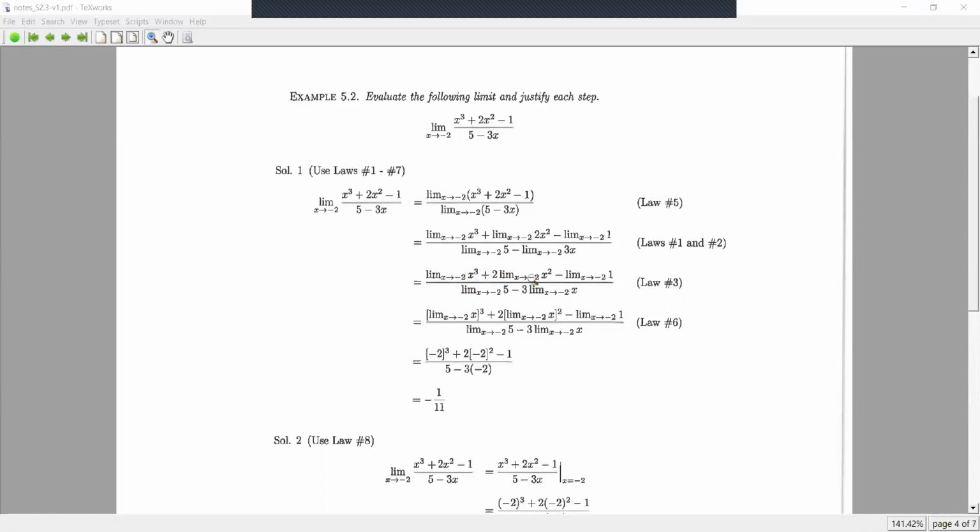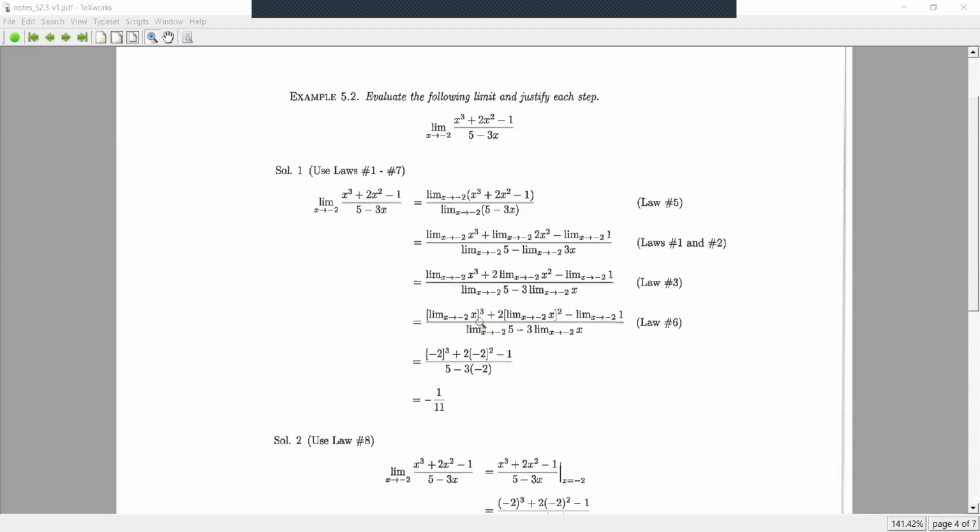x to the third, x squared, they are power functions. So I can apply power law to them to get this equation. Okay, now we have 5 limits to determine, but these limits are simple enough. As x approaches -2, what number will the function x approach?